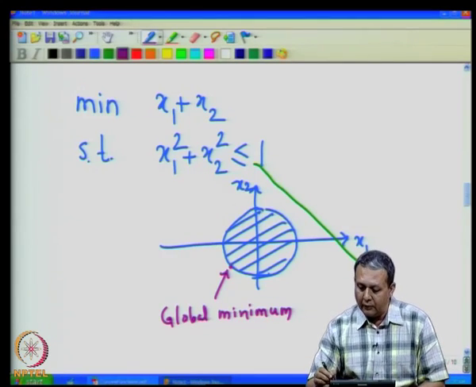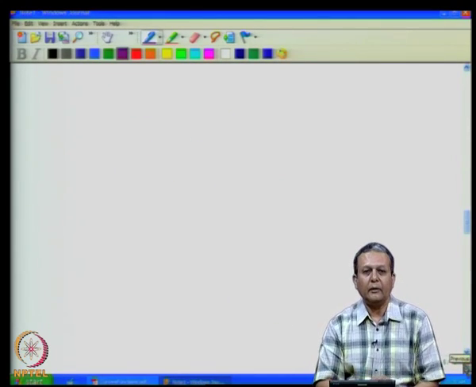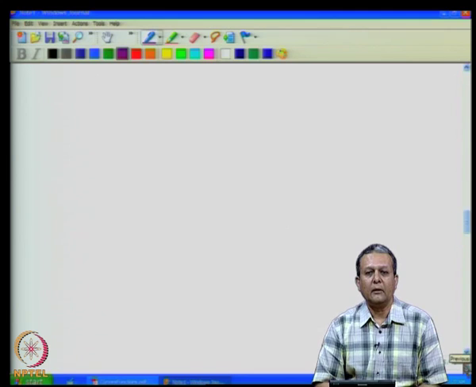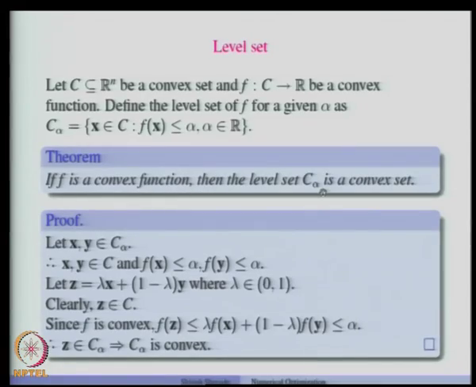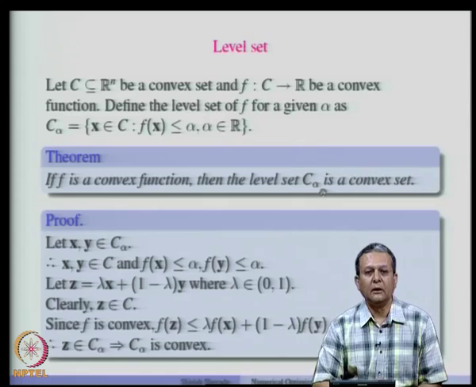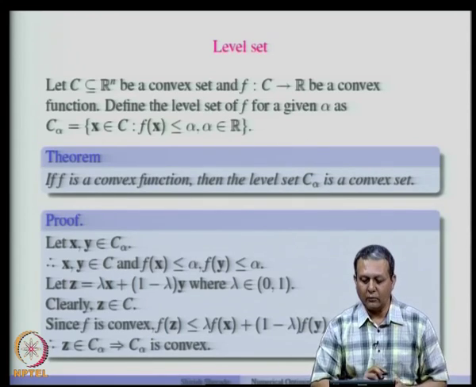Now, if we look at the definition of a level set, it is the set of all x such that f(x) is less than or equal to alpha. So, what we have seen is that if f is a convex function, then the level set C alpha is a convex set. Now, the converse of this statement is not true.